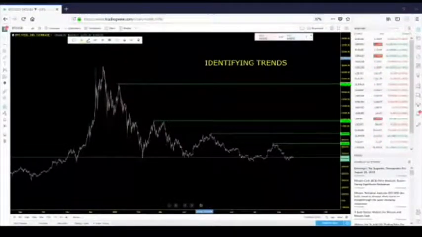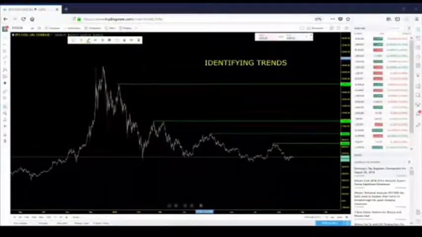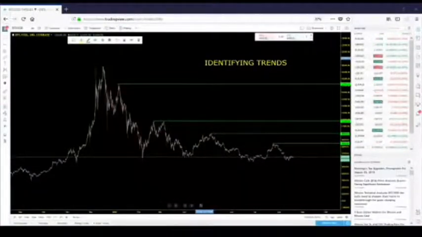Now that we have the intro out of the way, we're going to start on basically identifying trends. This is something that you will need to know as one of the bases of your reasoning for a particular trade, because ultimately we in the market as traders want to move with the trend.